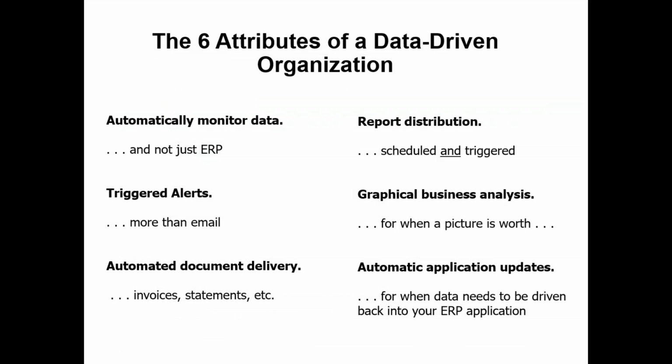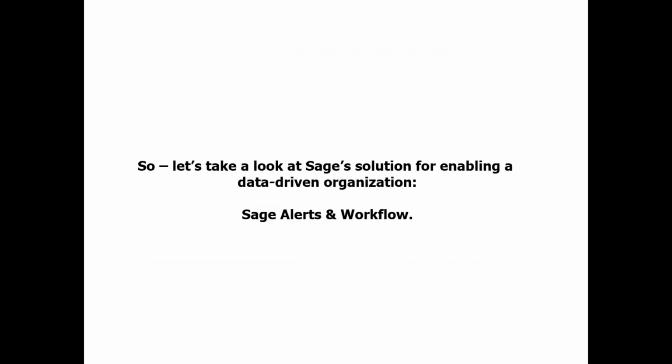Now, a data-driven organization typically has 6 attributes, and they're listed on the slide in front of you. I'm going to go through each one of these in turn, but in this case, specifically, how they are offered through the technology called Sage Alerts and Workflow, because this technology is a data-driven technology.